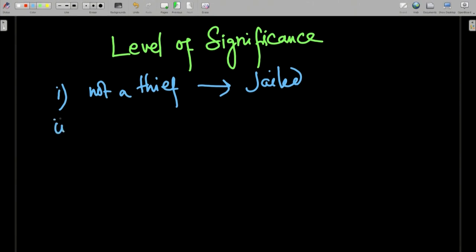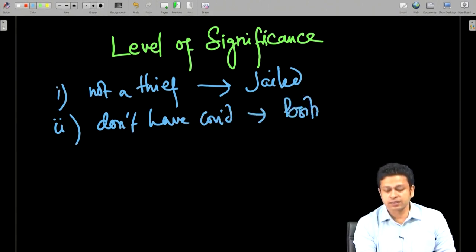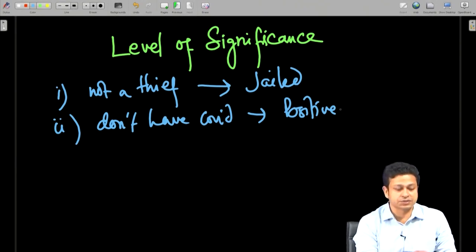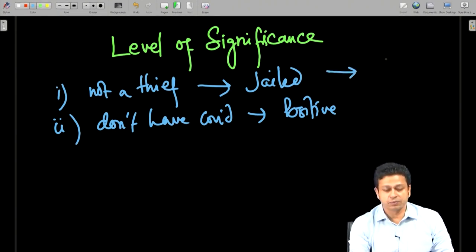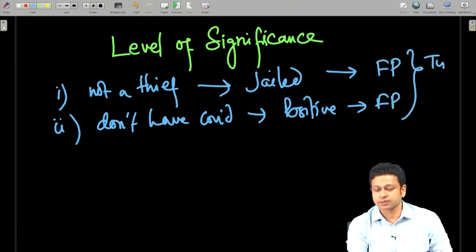Or I do not have COVID, but diagnosed as positive, right, and then I am treated. So, neither of these situations are desirable, right. Now, both these cases are essentially false positive. We know type 1 error is essentially the false positive cases.